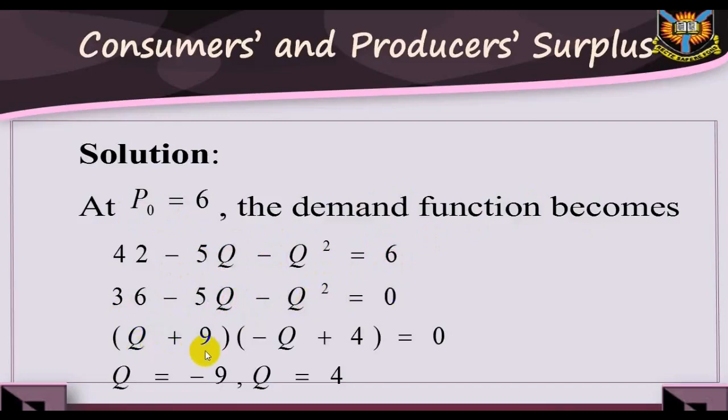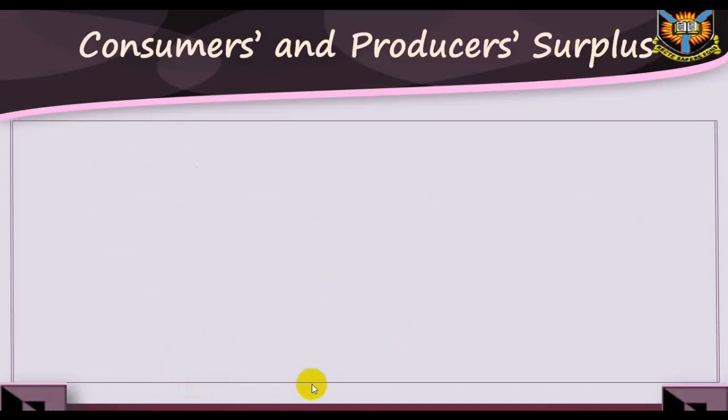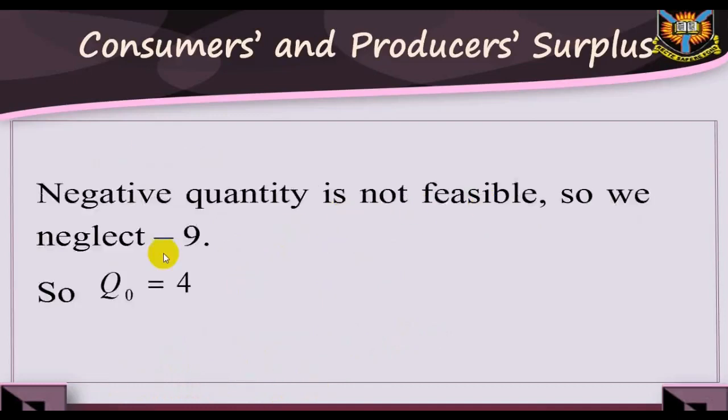(Q plus 9)(minus Q plus 4) equals 0. Q equals minus 9, Q equals 4. A negative quantity is not feasible, so we neglect minus 9. So Q0 equals 4.